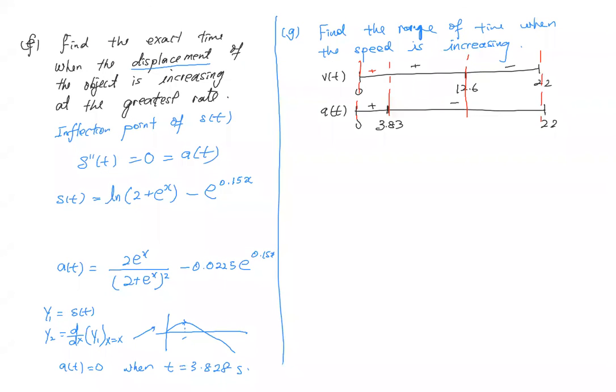So therefore, you say T greater than 0, less than 3.83, or T greater than 12.6, less than 22. Are you clear? So this is another part that you have to know. Then the last part will be finding the total distance. I think everyone will know how to do that.